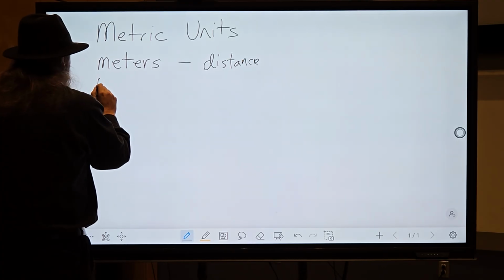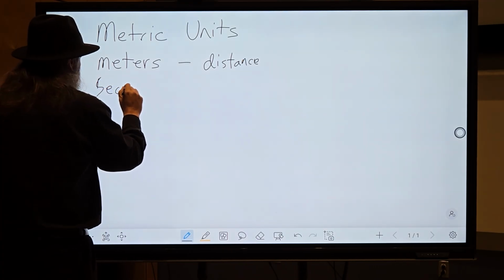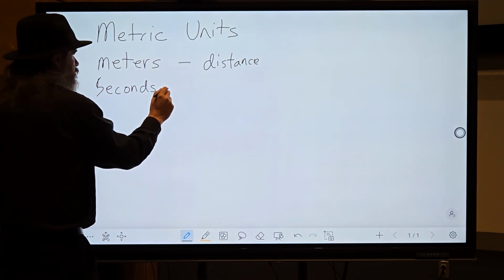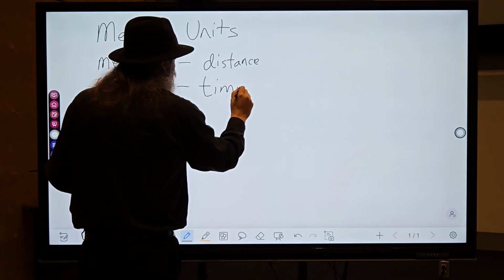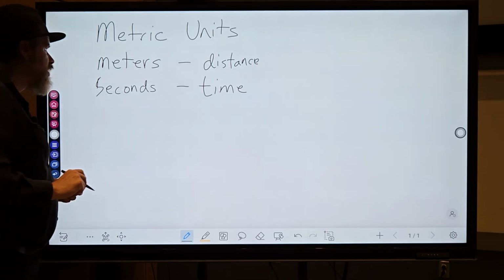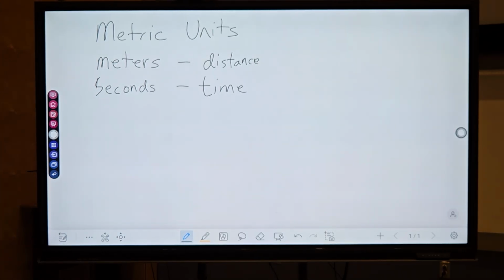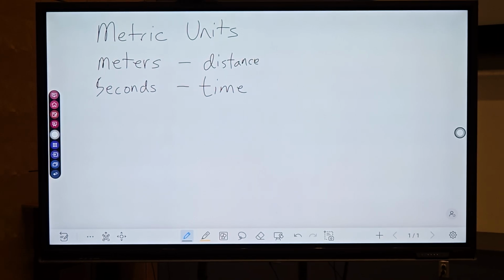Time is measured in seconds. Again, I believe it's how many times a particular atom vibrates, or how much time it takes a type of atom to vibrate a certain number of times is the definition of a second.